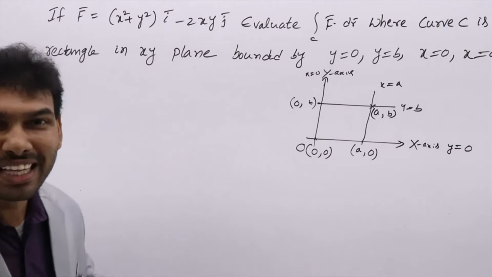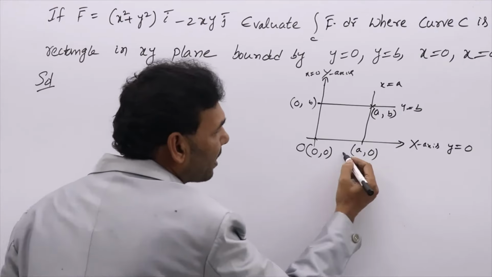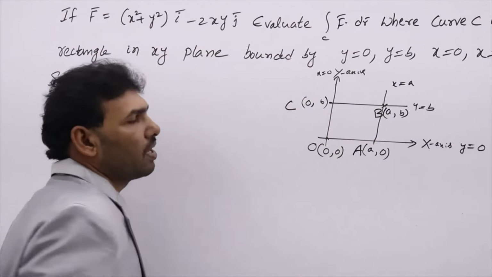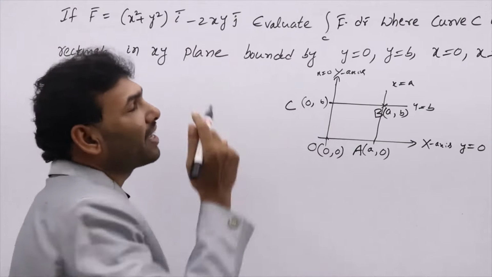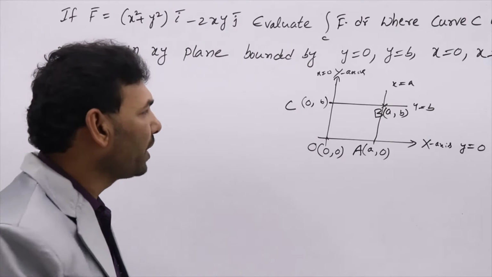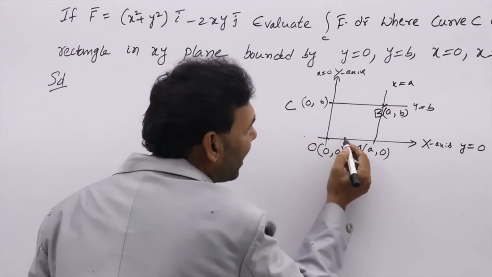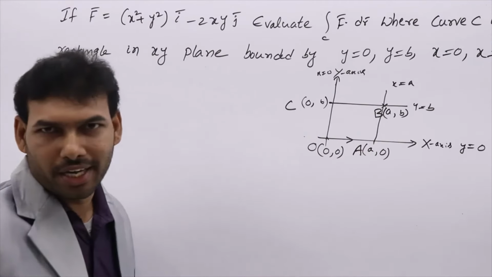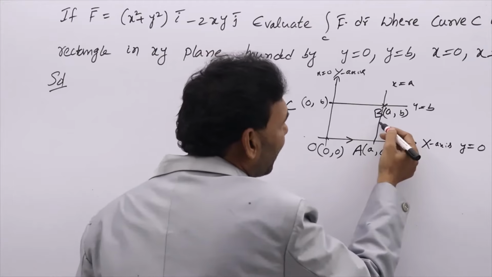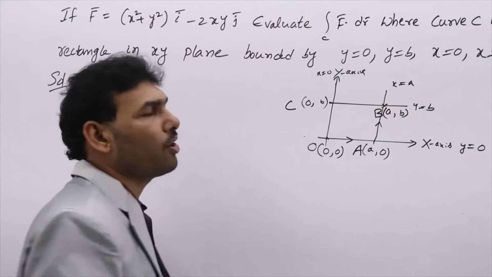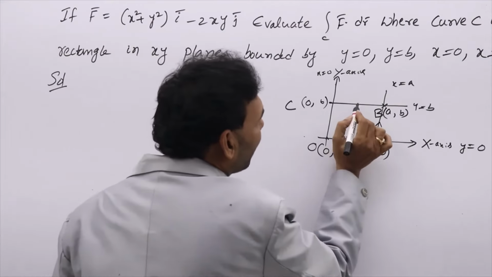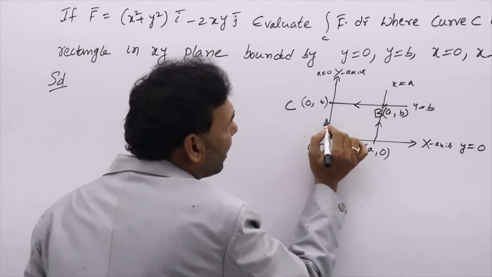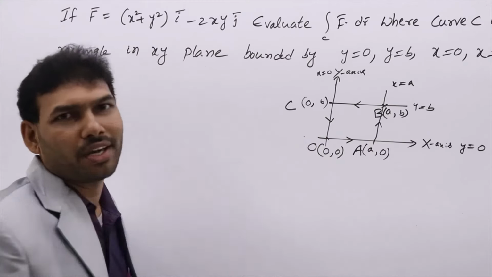Now I am naming these points: origin O, point A, point B, point C. Now to evaluate the integral over C of f bar dot dr bar, we need to evaluate the line integral along OA, the integral over OA of f bar dot dr bar, the integral over AB of f bar dot dr bar, the integral over BC of f bar dot dr bar, and the integral over CO of f bar dot dr bar.